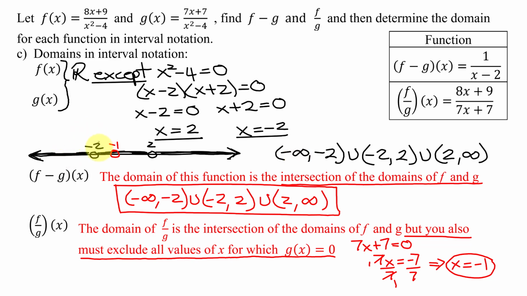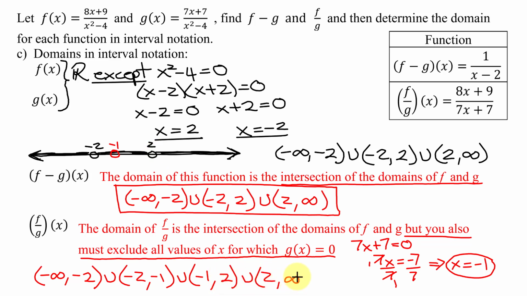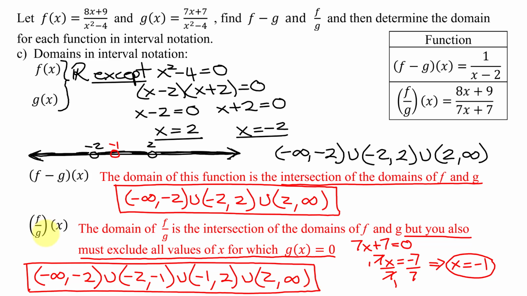So I'm going to land up with 1, 2, 3, 4 intervals. They're all going to be open intervals. Negative infinity to negative 2 is the first one, unioned with negative 2 to negative 1, unioned with negative 1 to positive 2, unioned with 2 to infinity. So there is the domain of our new quotient function f divided by g of x.